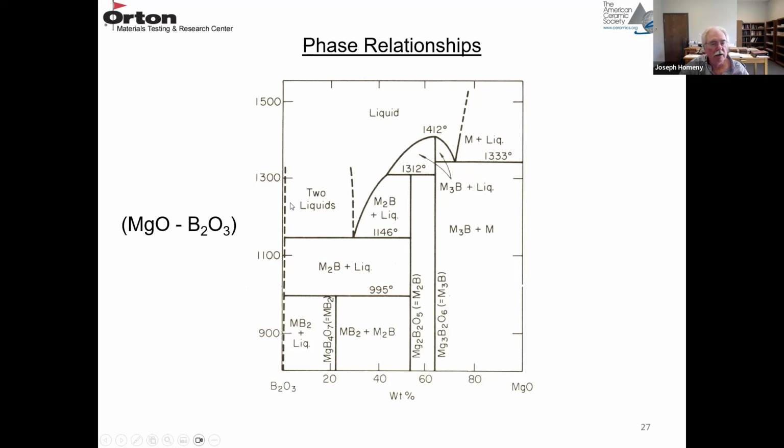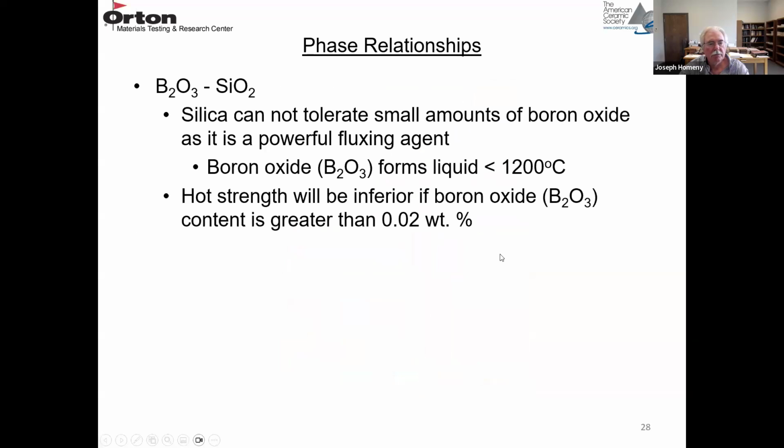And we go from about 900 to 1500, so close to 100% MgO. If we have a trace of B2O3, we just go up here in temperature, and here we see 1333. So any amount of B2O3 in this phase field, the solidus curve is down to 1333 degrees C. So you can't tolerate any B2O3.